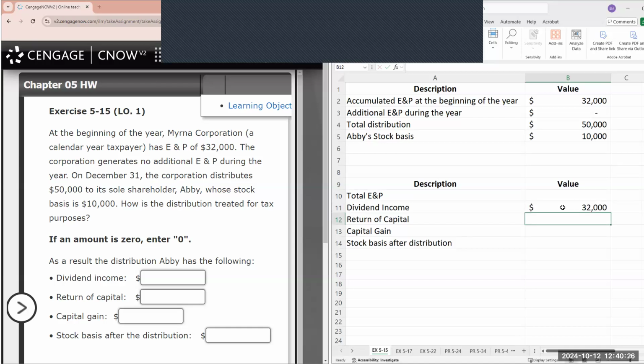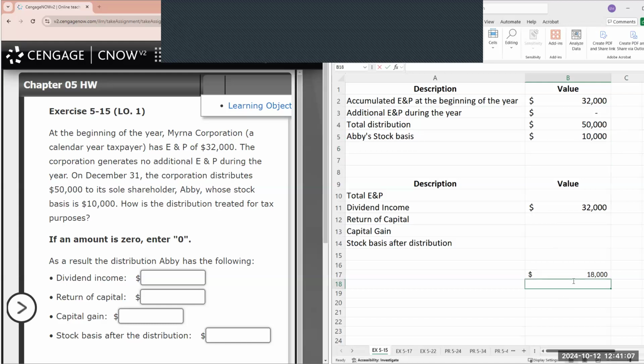But we know that $50,000 was distributed. So the remaining 18,000, and how do we determine 18,000? There was a $50,000 distribution, 32,000 was treated as E&P, so therefore there's a remaining distribution of 18,000. This is the first tier, dividend income, and then from there the remaining portion is treated as a return of capital to the extent of the stock basis. In this case, Abby's stock basis is 10,000.